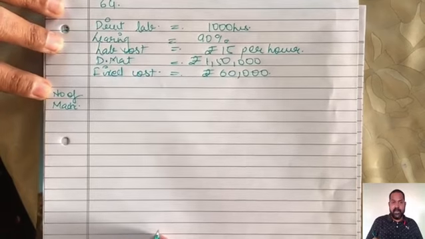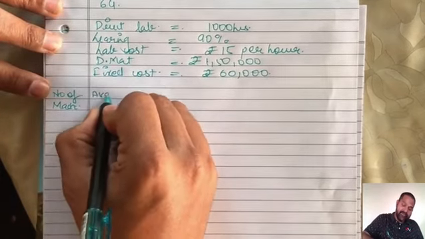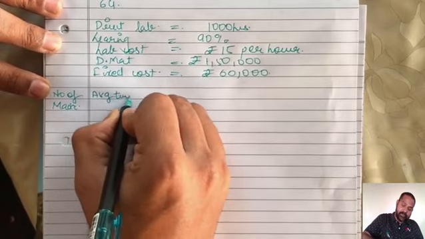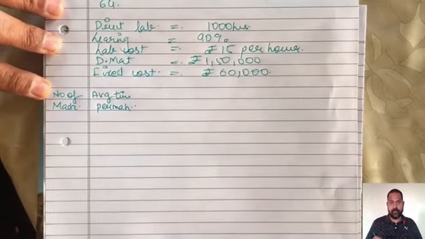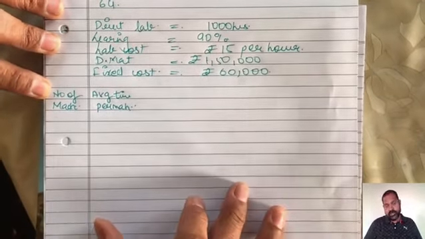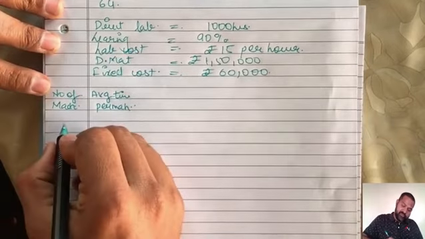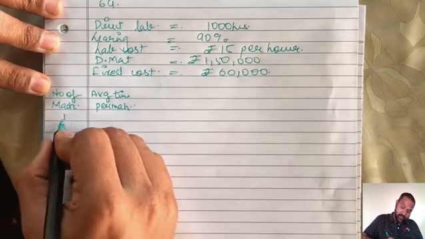Correct? After number of machines, I'm going to have average time per machine. I'll tell you why I'm writing it so cramped up, because I have to do the calculations here itself.